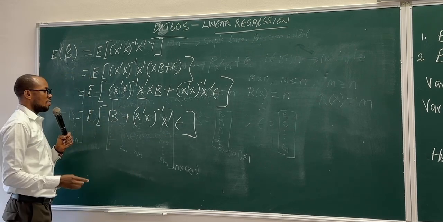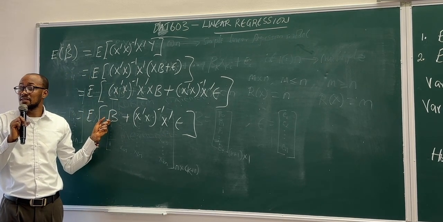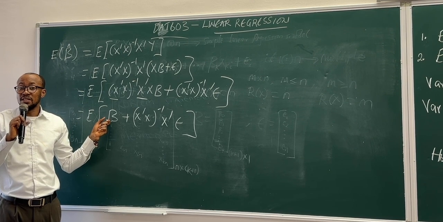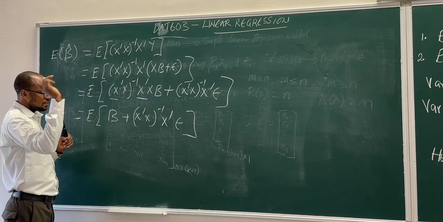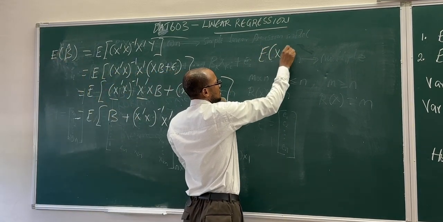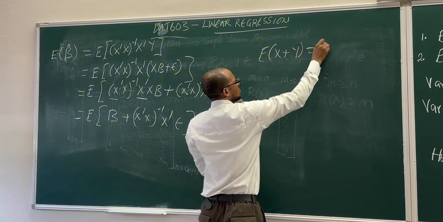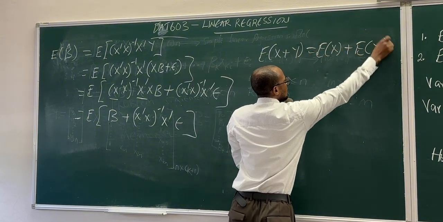Now, if you check this out, beta is a constant, right? So let's find the expectation. This is the rule of expectation. The expectation of x plus y is equal to the expectation of x plus the expectation of y.